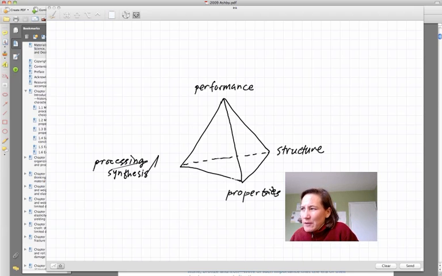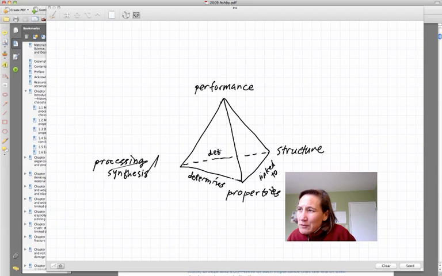So the properties are, let's see if I can write this, these are linked to the structure, and the processing determines the properties as well as the structure.